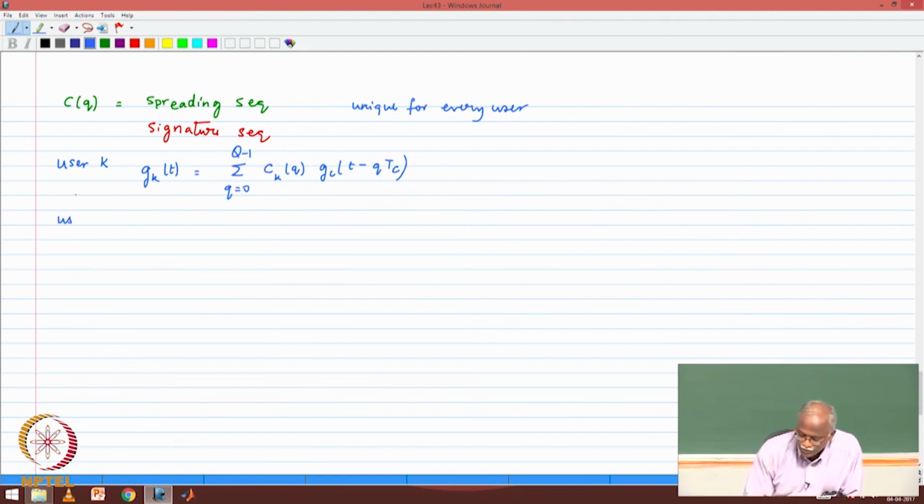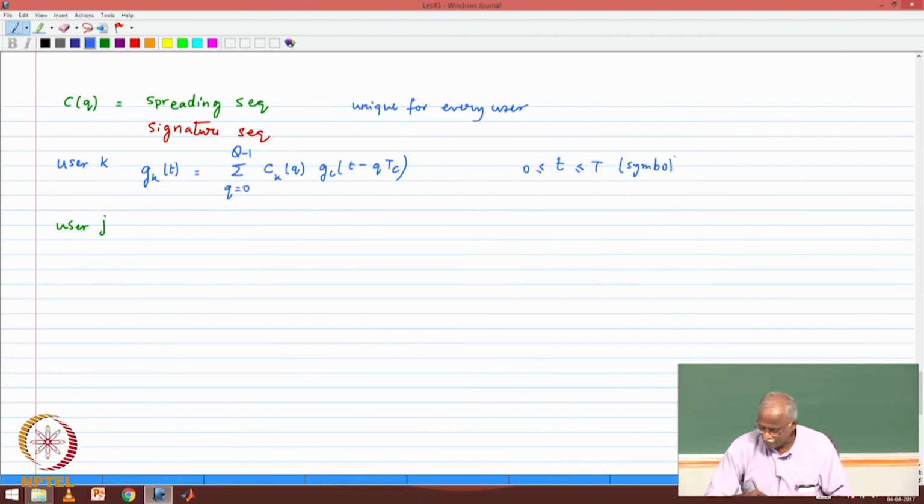For the next user, let's call it user J, you must have a different waveform. The duration of this is t greater than or equal to 0, less than or equal to T. That is the symbol period. So the spreading waveform lasts a duration of one symbol of the narrowband system. It's made up of Q chips, and each of the chips has the same waveform.